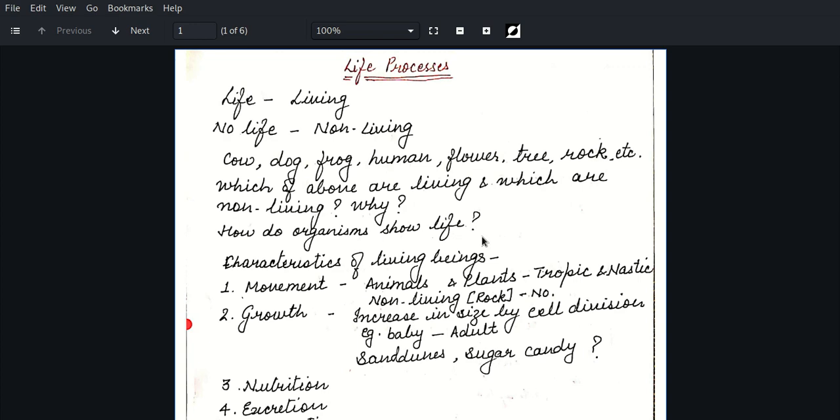So most important, when we look at living organisms, we observe movement. And non-living objects, they don't move. Like building, rock, pen, pencil, they don't move of their own. But animals and plants, they move by their own.